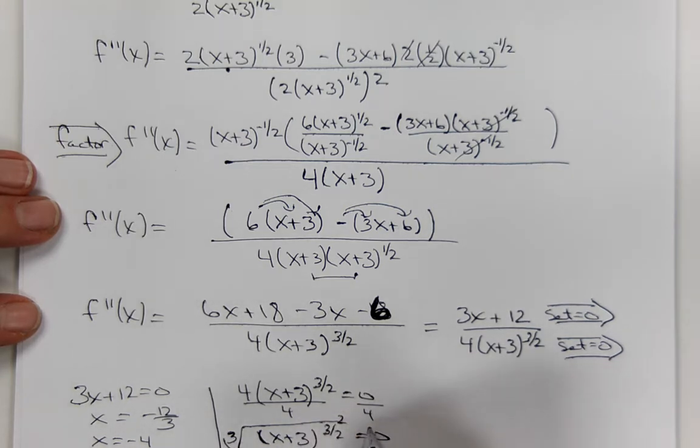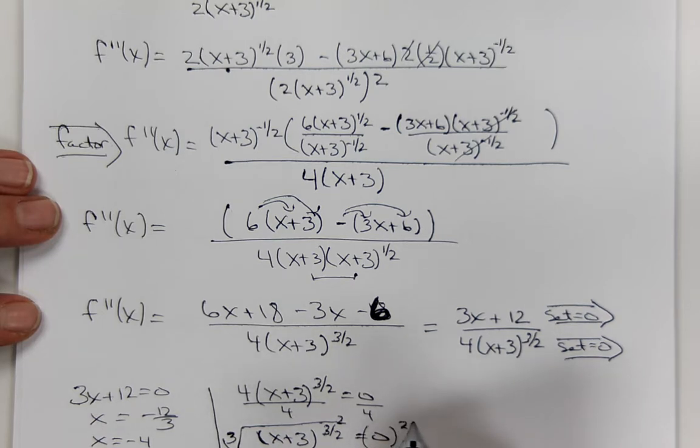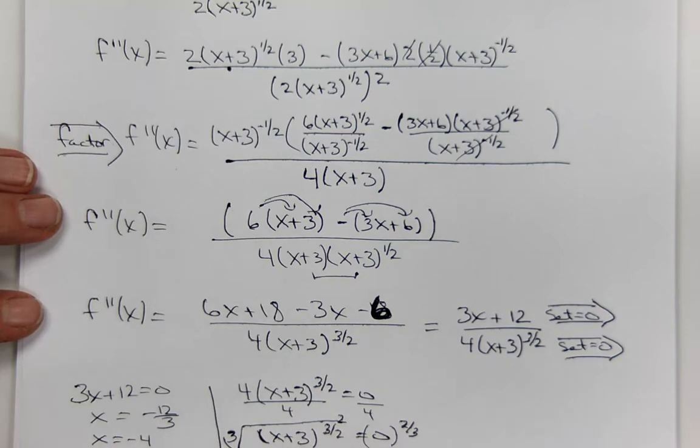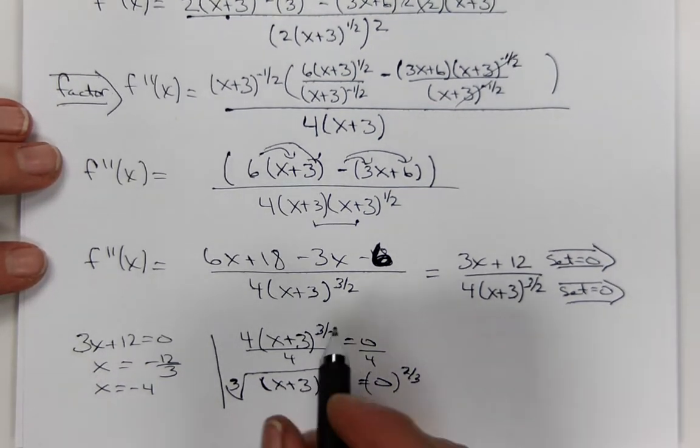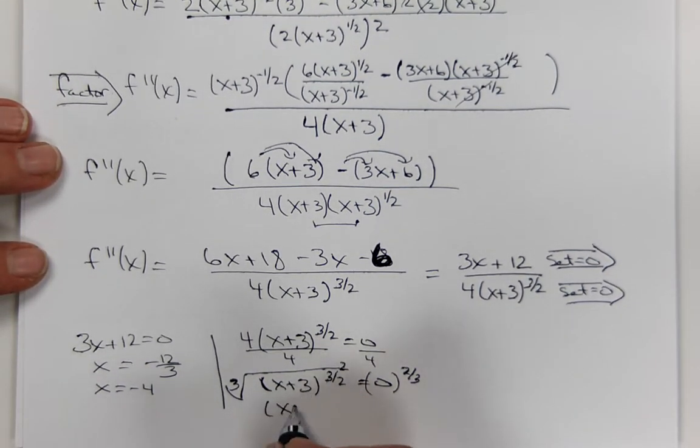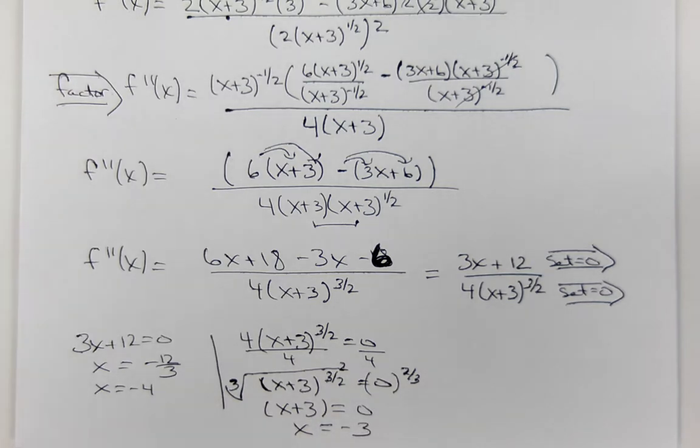If you do that here, to the 2/3 power, your power is gone. So this just leaves us x plus 3 equals 0. And when you subtract 3, you get x equals negative 3.